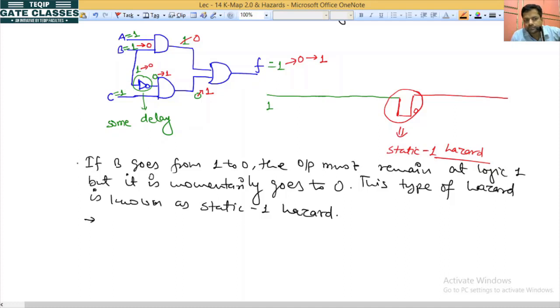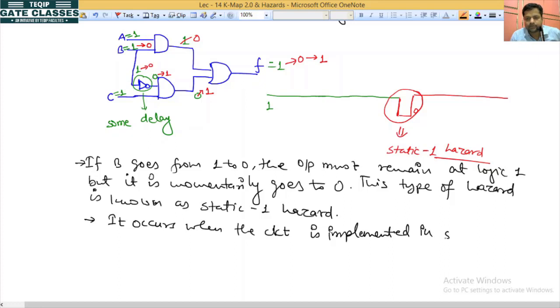And in which case does this static one hazard occur? It occurs when the circuit is implemented in SOP form, or you can say two-level AND-OR form.